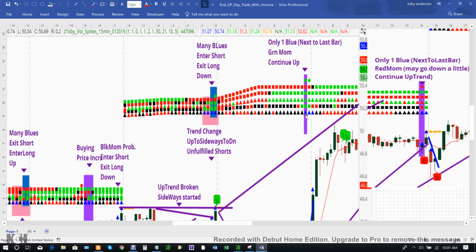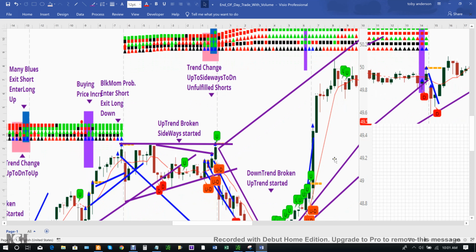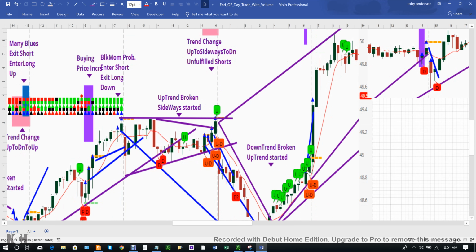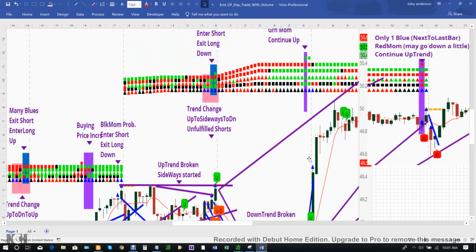Next last bar, continue our trend. If you remember, the trend was going up, and so this trend broke. This was the trend for the last half of the day, the whole half of the day. So we're going to continue the trend. That's what it means to continue the trend.